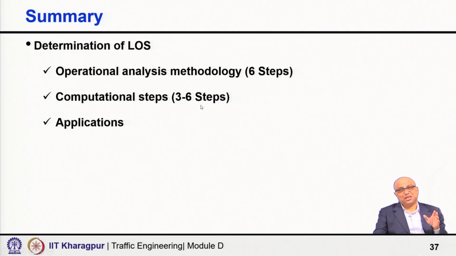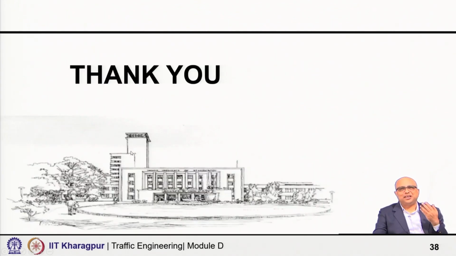In this lecture we discussed the other steps, step 3 to step 6, what exactly and how we do the computations. And then we took 2 example problems, one with a freeway segment, another on a multi-lane highway segment, to show you how we can do the operational analysis, do all the computations at every step, and eventually calculate the level of service. With this I close this lecture, and thank you so much.